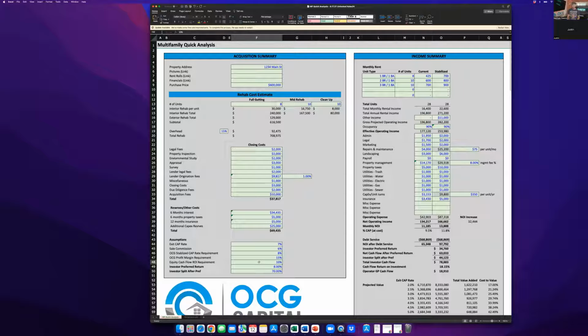equity cash flow requirement, I'm typically targeting a 10% cash on cash return for my investors on the capital that they're making. So they might get a 7 to 8% preferred return with a split afterwards in favor of investors. In this case, I put the preferred return at 8 in this example with a 70% split to investors afterwards.